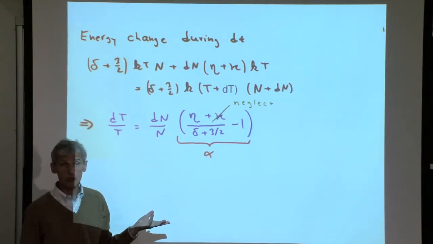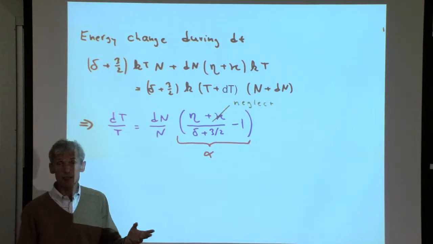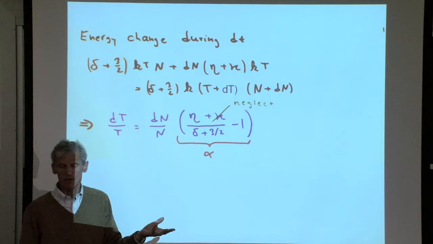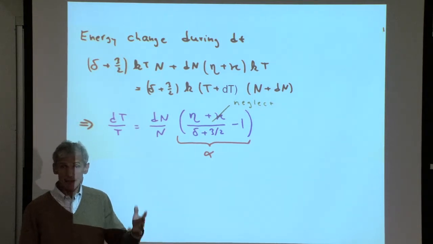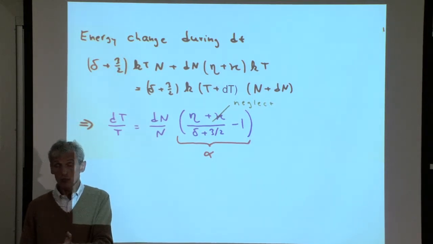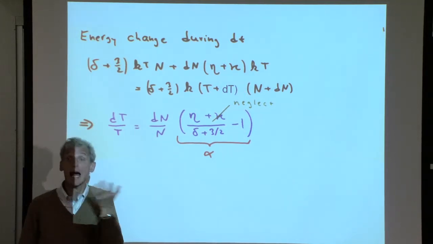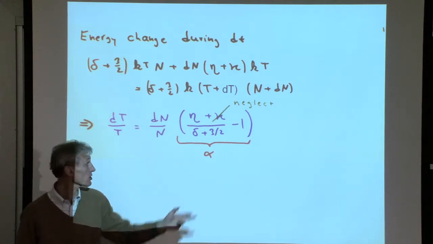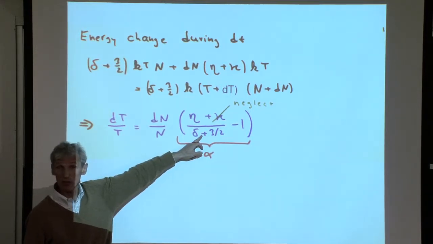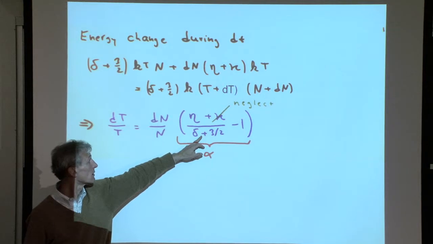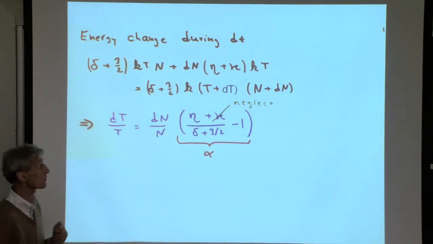The alpha coefficient tells us how many percent the temperature is lowered when I lose a certain percentage of the number of atoms. Actually, 1% of drop of the number of atoms gives alpha percent in change in temperature, and this is the alpha coefficient. So I have an analytic expression for that.